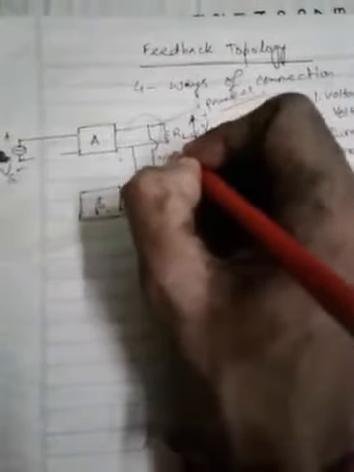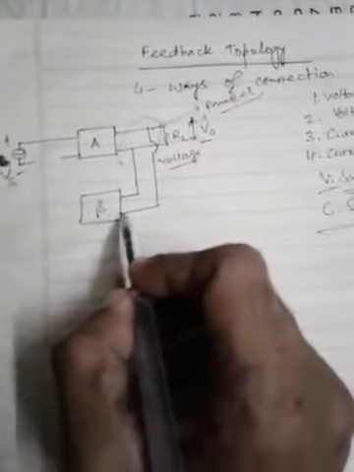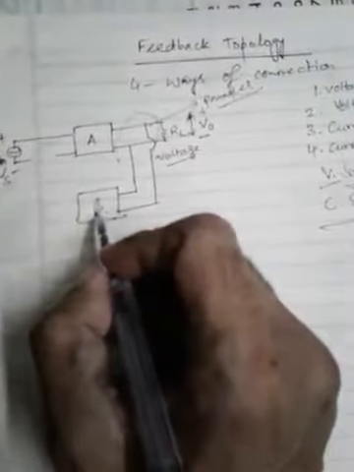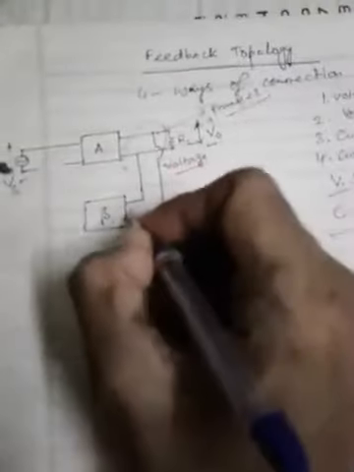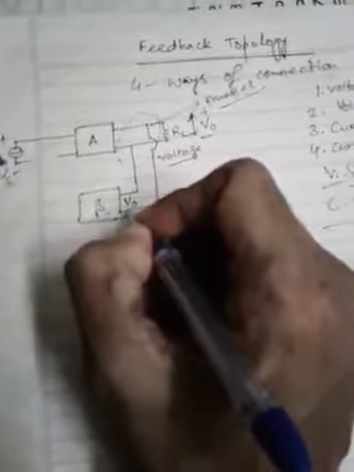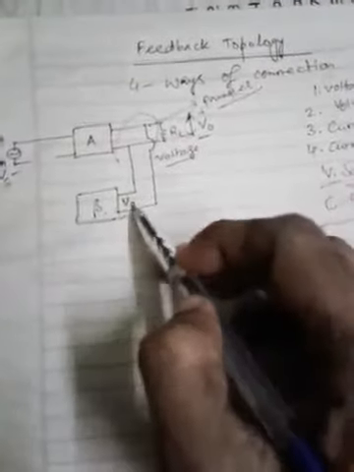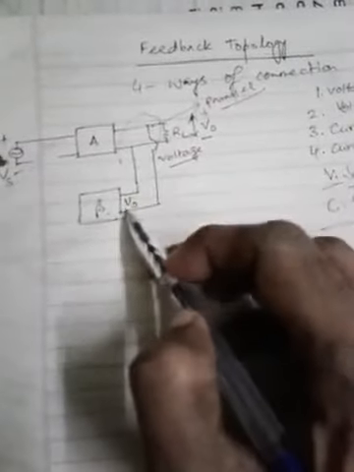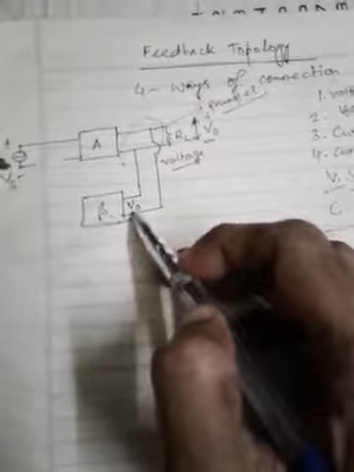So from the output we are taking a replica of the output voltage, proportional to the output voltage, and that is being fed to the input of the feedback circuit, which has gain beta. At the input it should be Vo, because from the output Vo of the basic amplifier we are tapping a portion, so that should also be Vo.